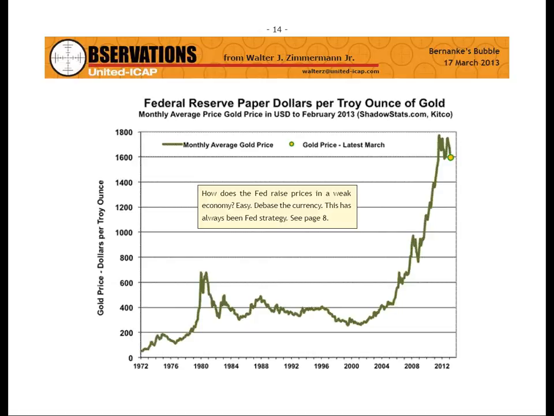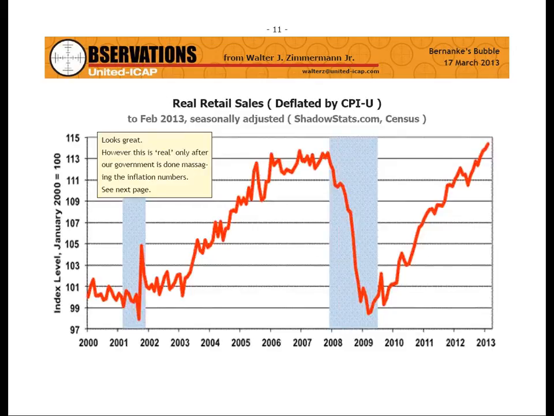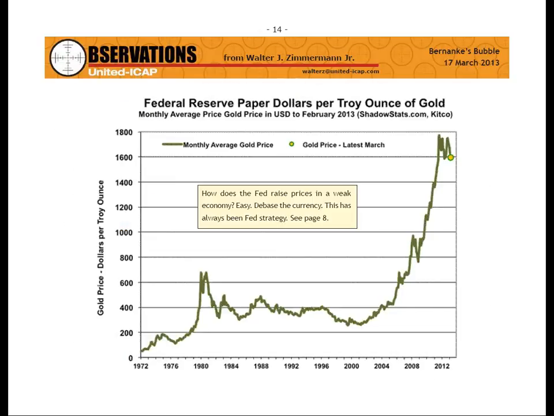Now, this is another variation of that CPI chart that we showed. This one here is the amount of dollars per ounce of gold. In other words, how many dollars does it take to buy an ounce of gold?